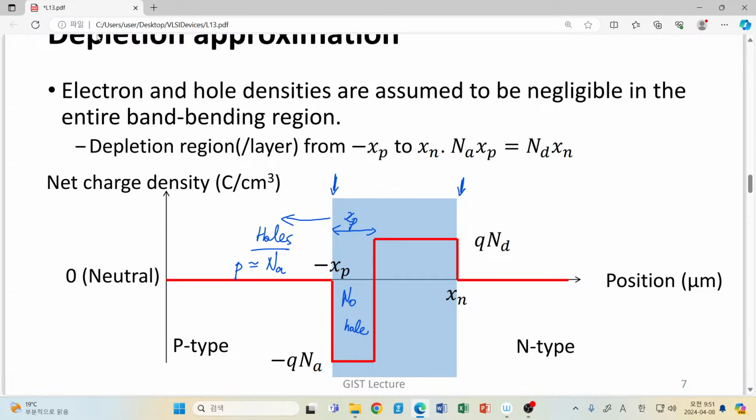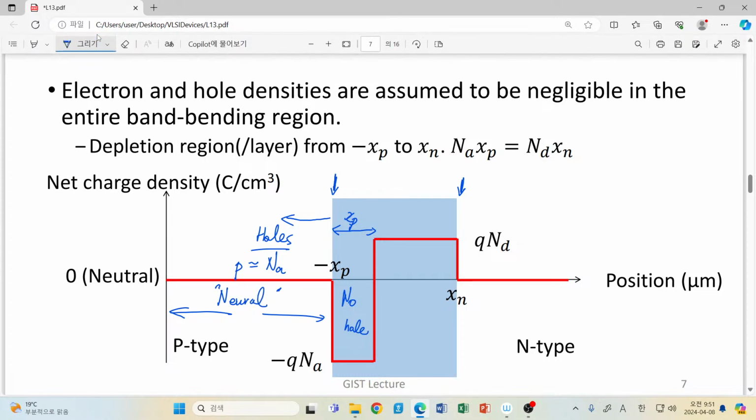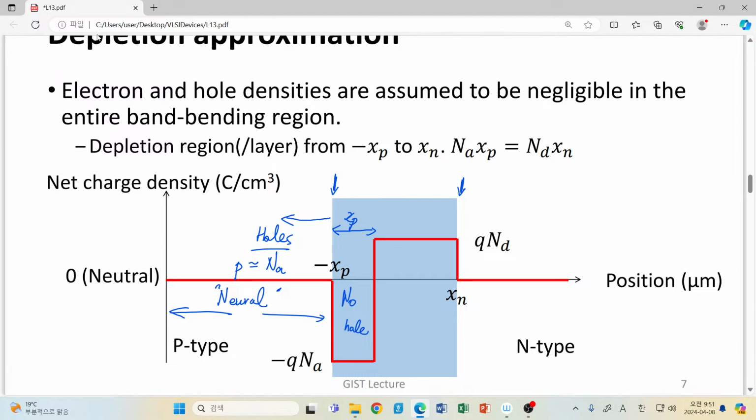So in this part, since we have the perfect balance between acceptor density and hole density, this is regarded as perfectly neutral. There are negatively charged ionized acceptors and positively charged particles called holes, but their densities are the same.